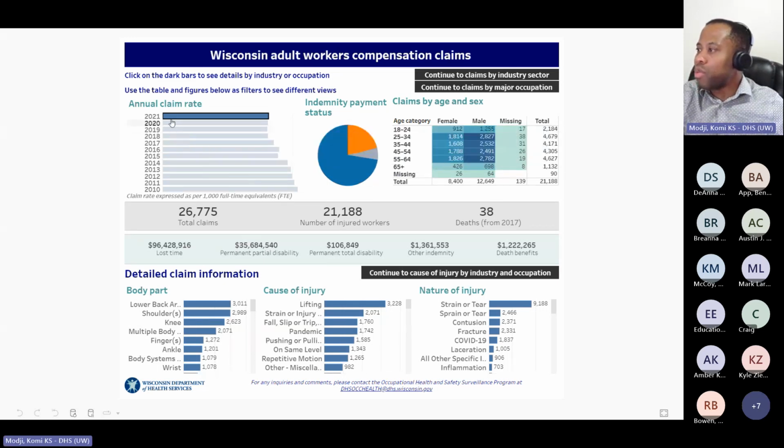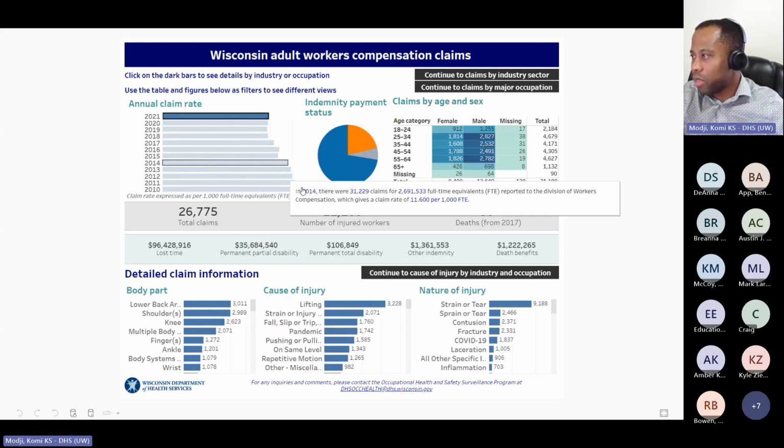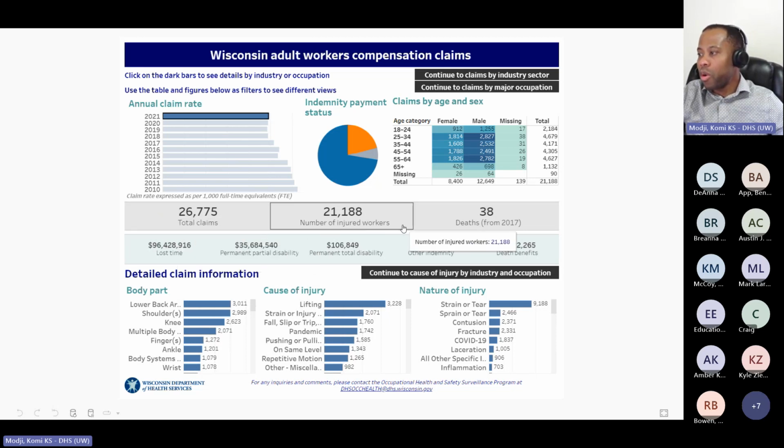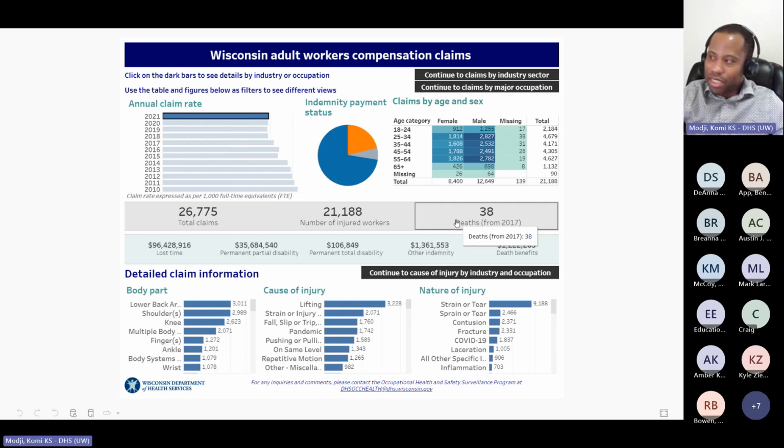So in 2021, which is the most recent year on this dashboard, we have 26,775 claims. So you can see the number of claims, the number of injured workers, the number of deaths in this specific year, and it's 38 work-related deaths.